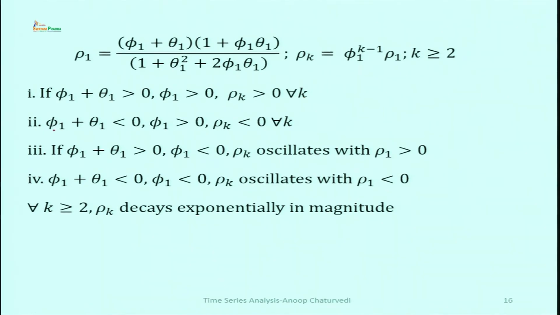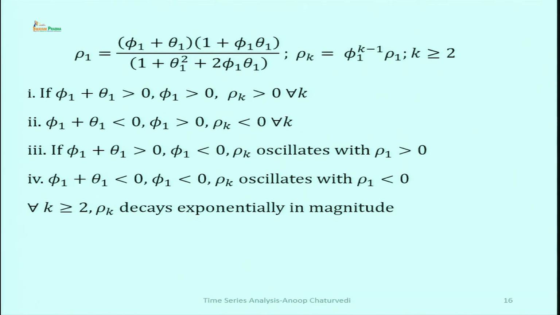Now, if phi 1 plus theta 1 is less than 0, then obviously rho 1 is less than 0, and if phi 1 is greater than 0, this part always remains positive. So, sign of rho k depends upon the sign of rho 1, and rho 1 is negative. So, in that case rho k is negative for all k.